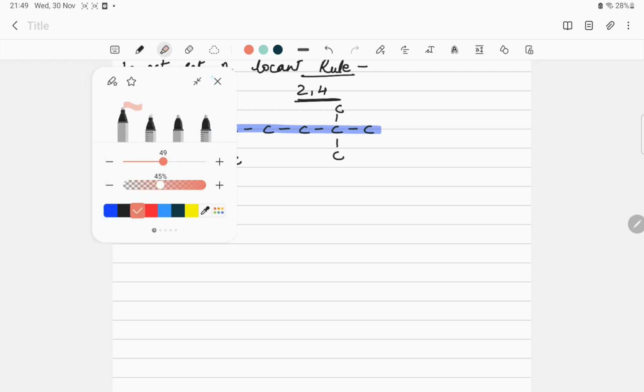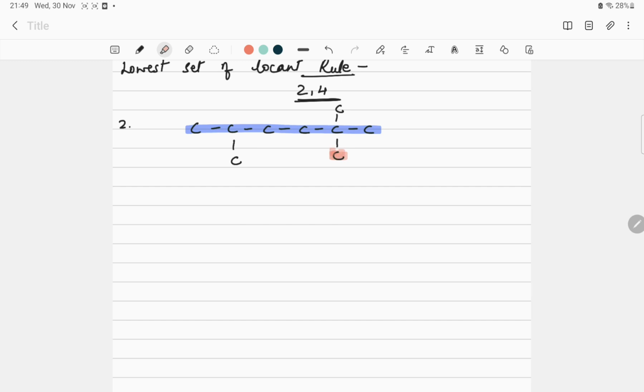One is this, the other is this, and one more is this. Here we should observe that all substituents contain only one carbon, so they are the same substituents. And the name of a one-carbon substituent is methyl.